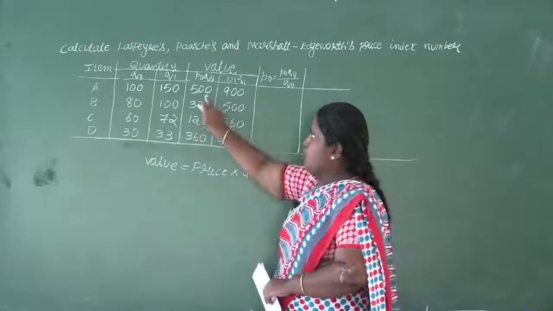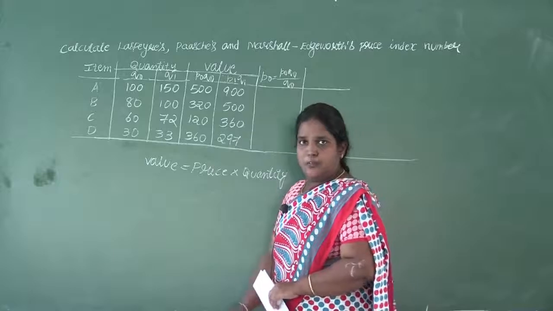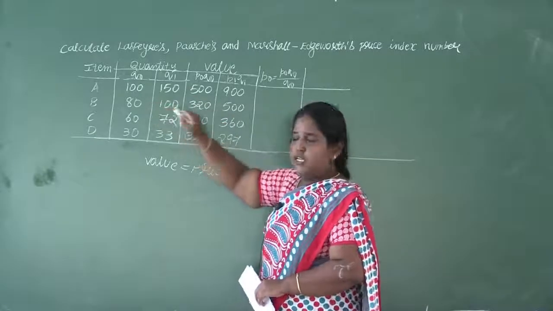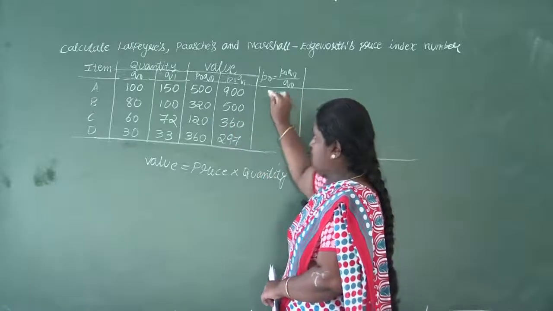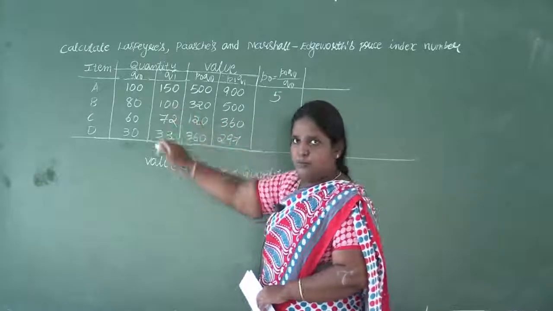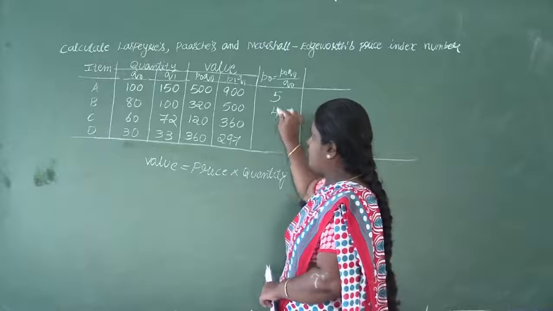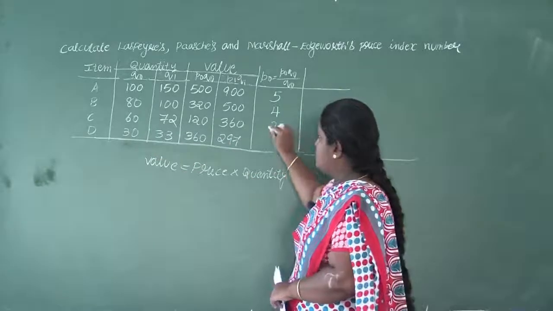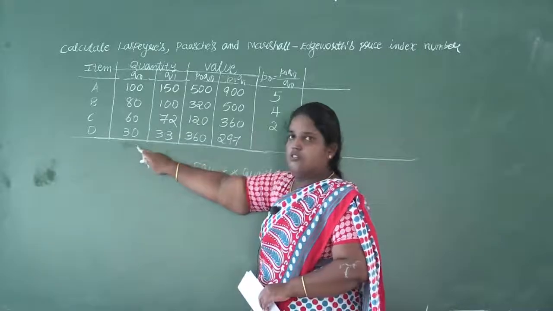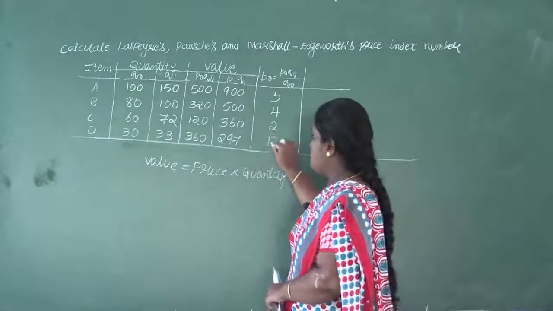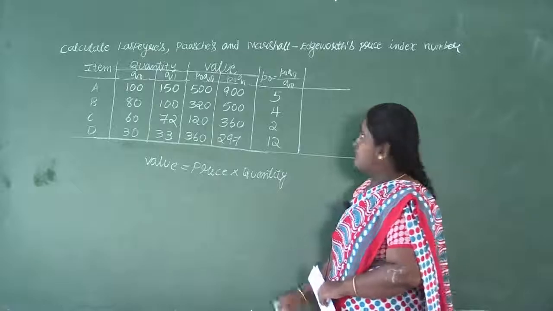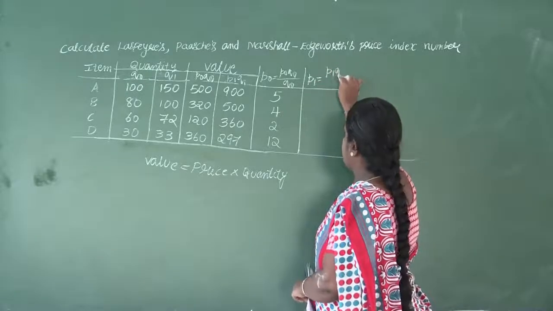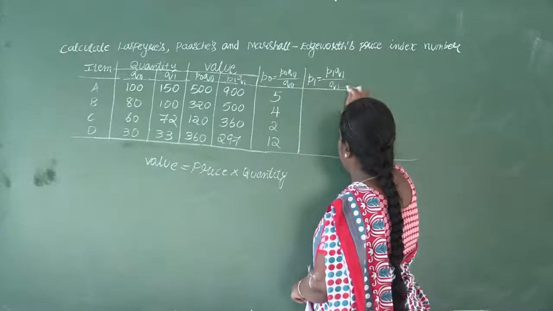So you have to divide the value and the quantity of the base year, that is 1995. So 500 divided by 100, 5. 320 divided by 80, 4. 120 divided by 60, 2. 360 divided by 30, 12. Similarly, P1 is P1 Q1 divided by Q1.